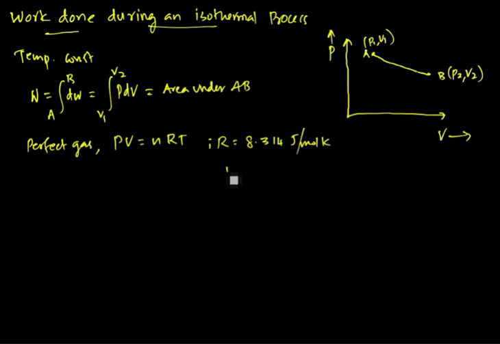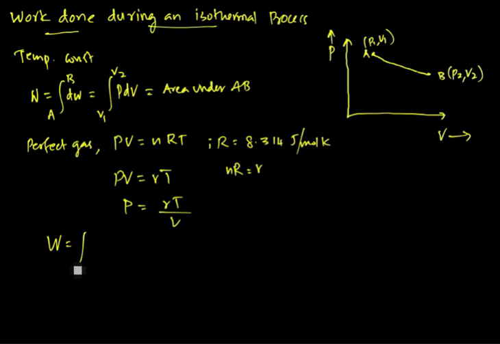This quantity n into R is usually represented by the small r. So this equation can be written as PV equal to rT. From this, the pressure P is given by rT by V. Substitute this rT by V in the expression for the work done.